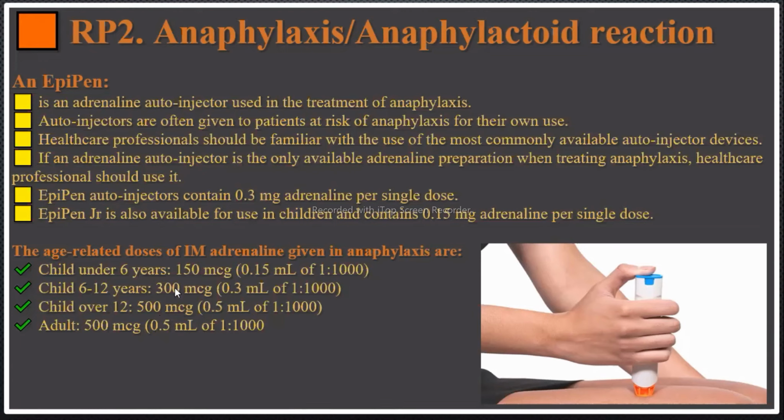But 6 to 12 years, you can use 0.3 ml or 0.3 milligram, same, or 300 microgram. Child under 6 years, 150 microgram. But here, with the auto-injector, the dose is 0.3 milligram, okay? There is no 0.5.